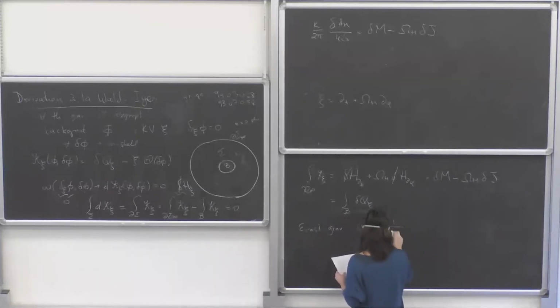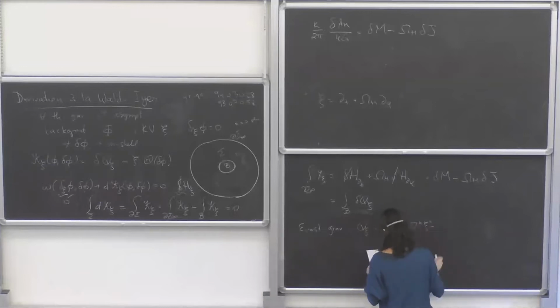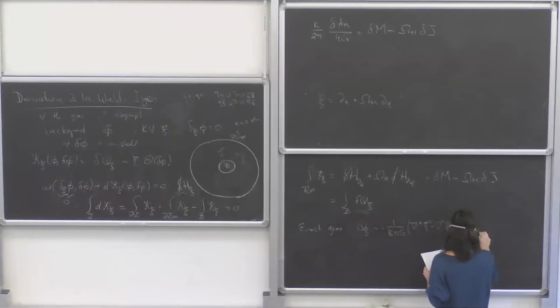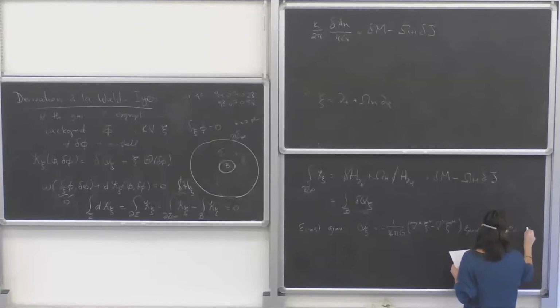It's minus 1 over 16 pi G, (d_mu xi_nu minus d_nu xi_mu), times epsilon_{mu nu alpha_1 ... alpha_{d-2}} dx^{alpha_1} ... dx^{alpha_{d-2}}, divided by 2 times (d minus 2) factorial, something like that.